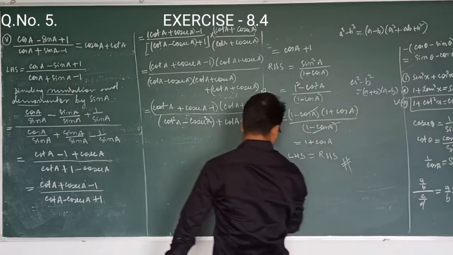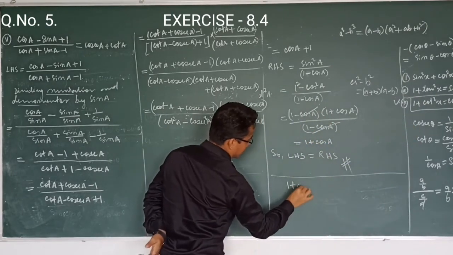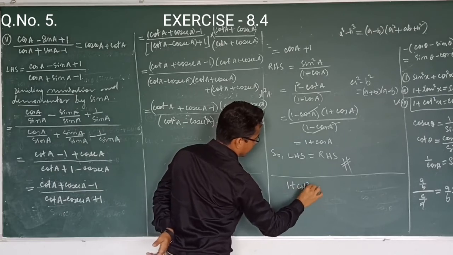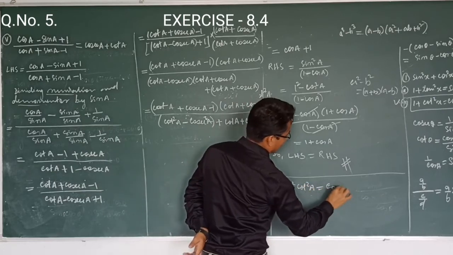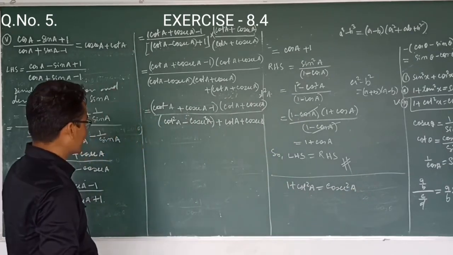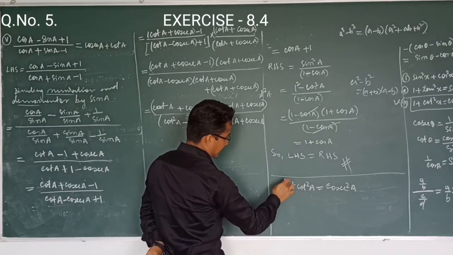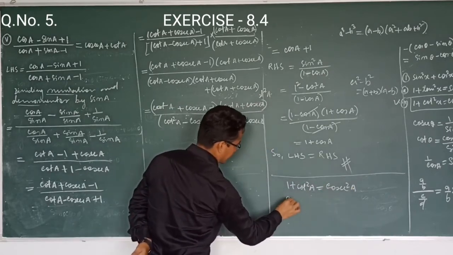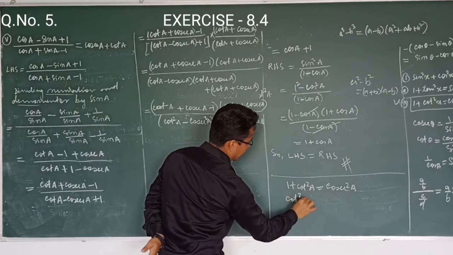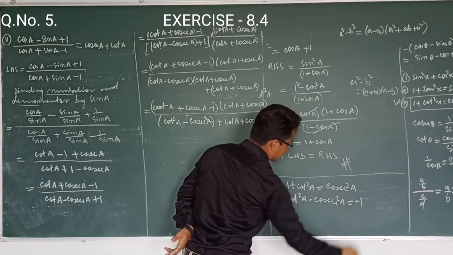Now we modify this. This is our formula, let's see here: 1 plus cot square A equal to cosec square A. So if I take this 1 to the right hand side, it becomes cot square A minus cosec square A equal to minus 1.